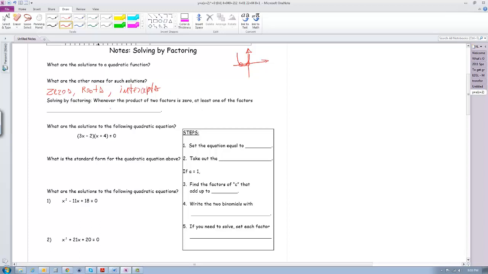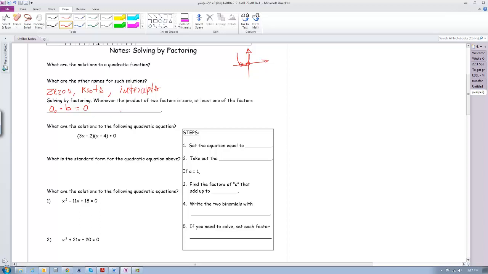Well, first of all, factoring takes advantage of a very simple mathematical fact. If I have two factors, two terms, a and b, and I multiply a and b, and I know that the product of these two factors is 0, it can mean three things.